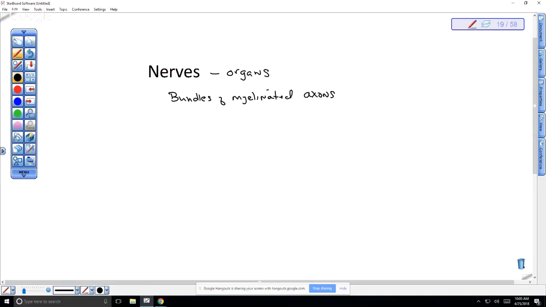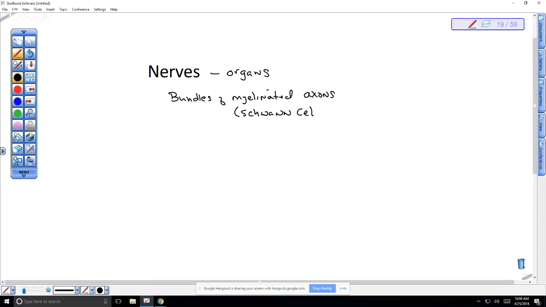So in the case of the peripheral nervous system, what type of glial cell is responsible for the myelination? What is the name of the glial cell that provides the insulation around the axon? Anybody know? They are referred to as Schwann cells.